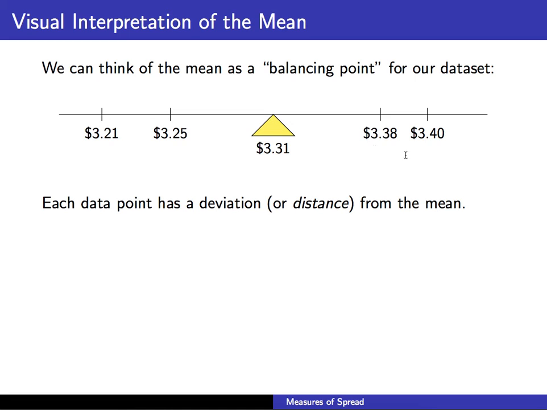These two on the right are going to have a positive deviation because they were above the mean. These two on the left side are going to have a negative deviation because they're below the mean. So you could think of the mean as like the origin, and then to the left, like on a number line, we have negative values. To the right, on a number line, we have positive values. In this case, we have negative deviations on the left, positive deviations on the right.